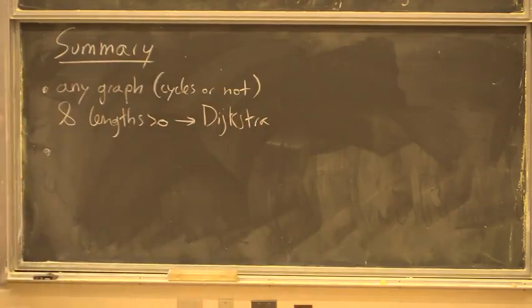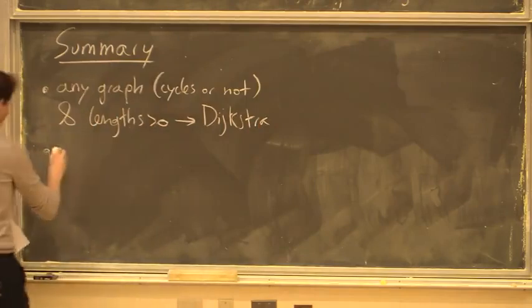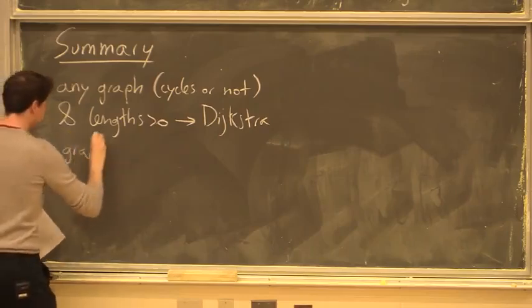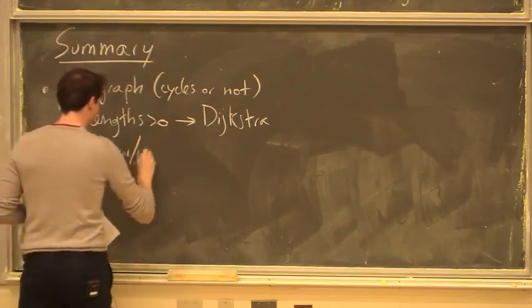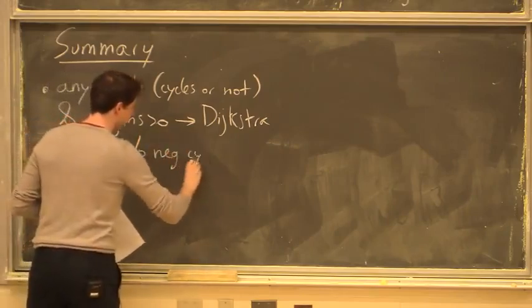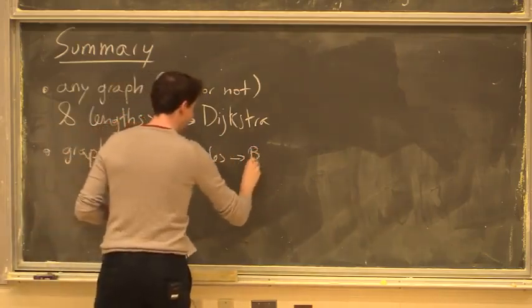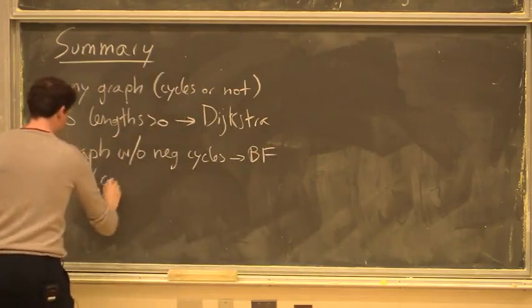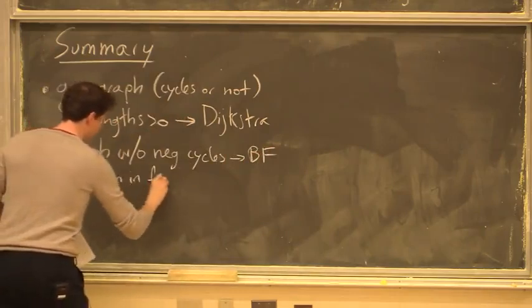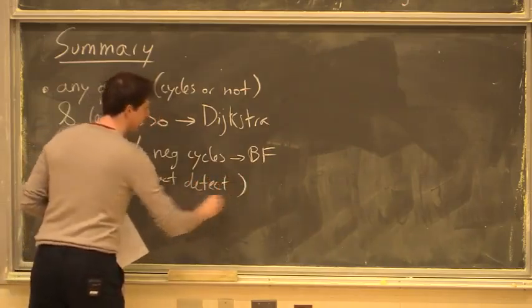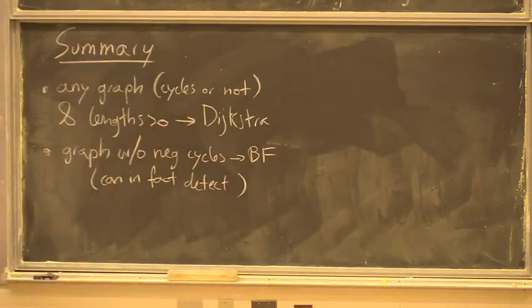Anyway, there is a class. Okay, and if you have a graph without negative cycles, then you can run Bellman-Ford, and in fact detect anyways, right? So really you can just run Bellman-Ford.